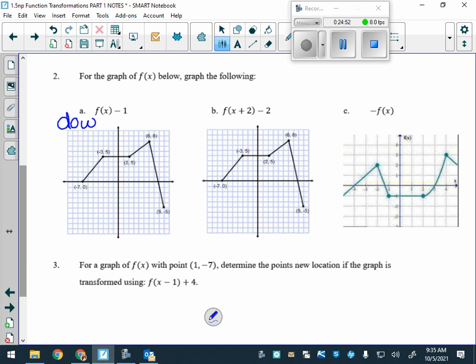Because it is on the outside of the parentheses, so it's moving down 1. So all of those 5 points that you see, x values stay the same, y shifts down 1. So -7, -1, -3, 4. I'm going to connect as I go. 2, 4, 6, 7, 9, -6.